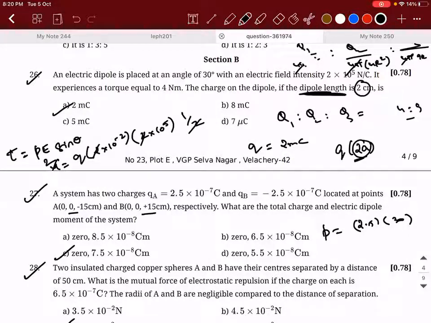That is 2 centimeter. That is why I didn't multiply it. I hope you're able to understand. Who asked this doubt? Rahul, sir. I hope you're clear now.